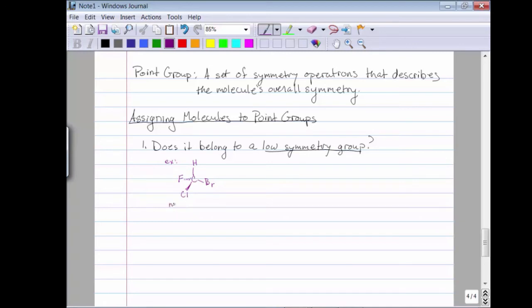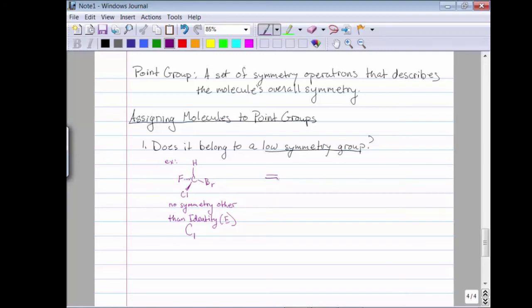So this guy has no symmetry elements other than the E. So if this is your situation, if there are no other symmetry elements, the point group is called C1.